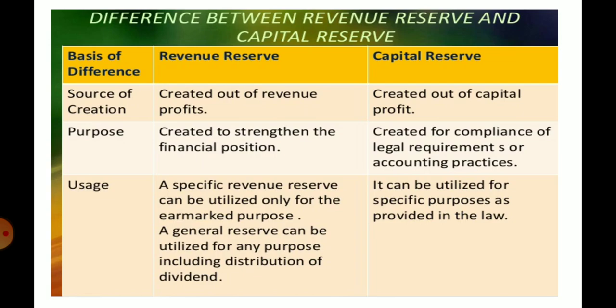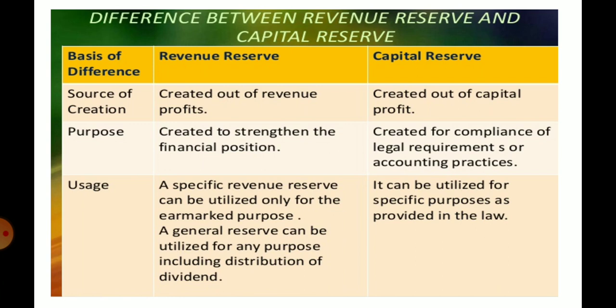Now, what are the differences between capital reserve and revenue reserve? Revenue reserve is created out of profit, but capital reserve is created from capital profit. The purpose of revenue reserve is strengthening the financial position. Capital reserve is created for compliance with legal requirements or accounting practices.